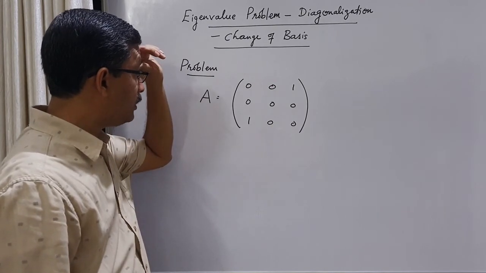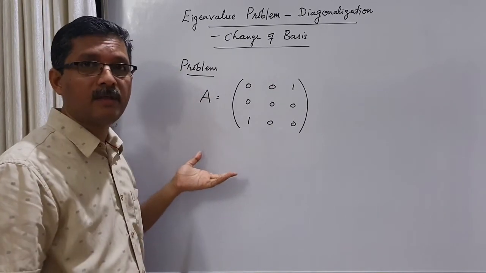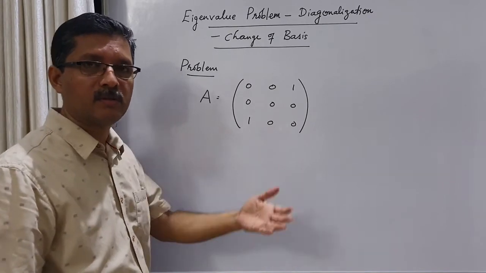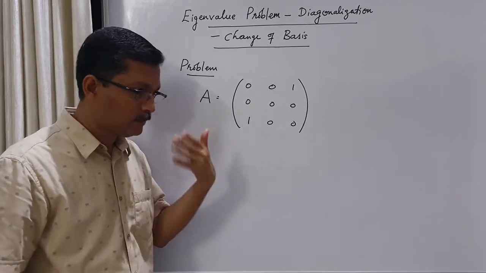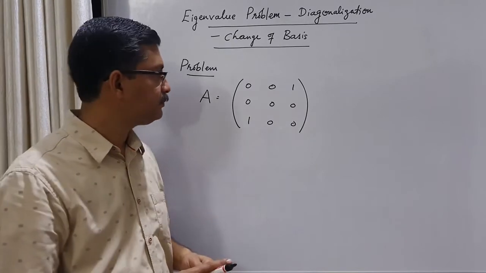The importance of a Hermitian matrix is that in quantum mechanics, every operator is a Hermitian operator. So the corresponding matrix of the Hermitian operator is a Hermitian matrix.